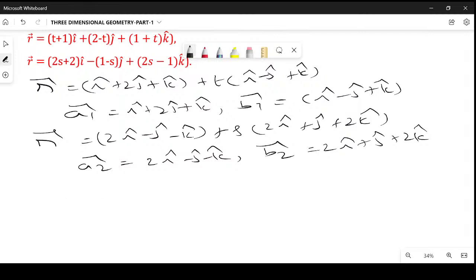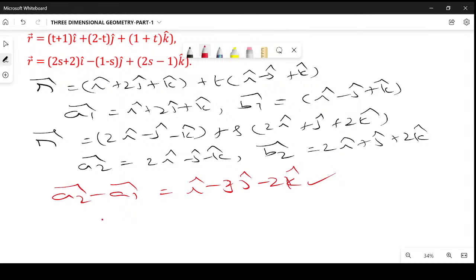Modulus is important, just practice this. Taking the difference, A2 bar minus A1 bar will be i cap, minus j minus 2, minus 3j cap, and minus k cap minus 2k cap. This will be A2 bar minus A1 bar.